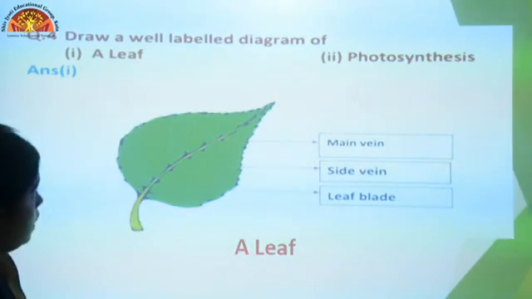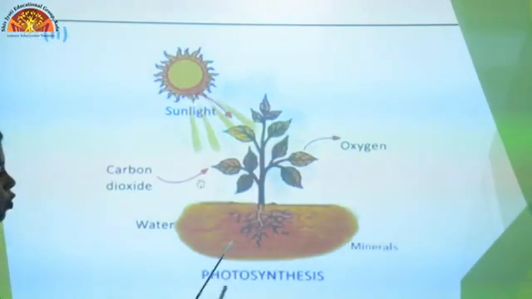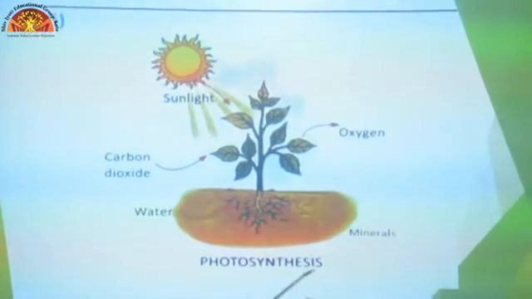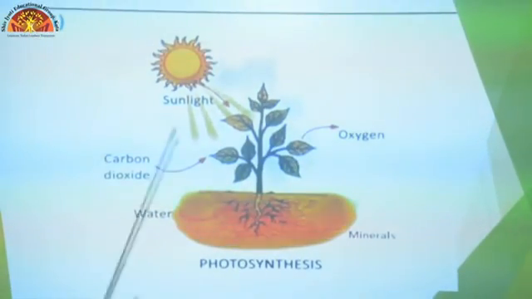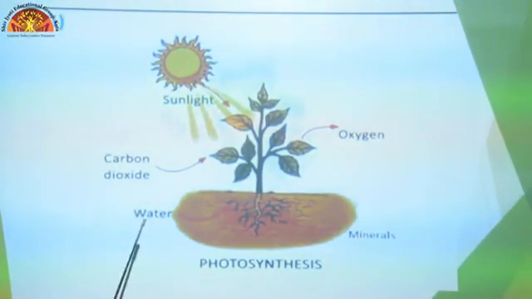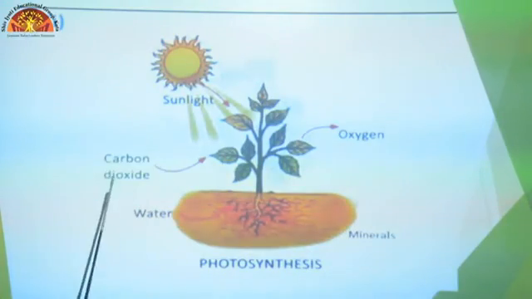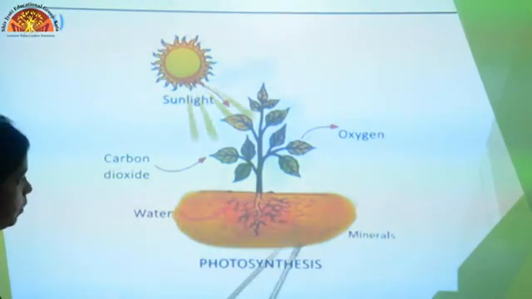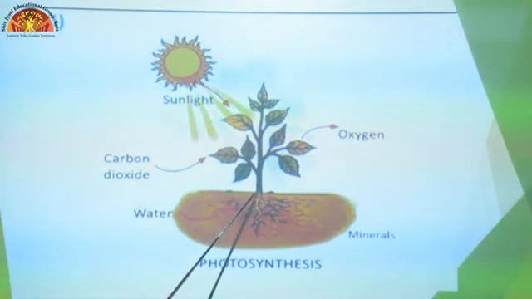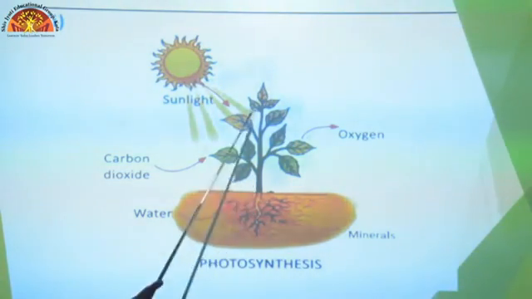Now we come to the next diagram, that is photosynthesis. Now you can see here, this is the diagram which is showing the process of photosynthesis. You can see three raw materials. These are water and minerals, second is carbon dioxide, and third is sunlight. So plants are taking water and minerals from the soil through their roots. Now this is transported through the stem to the leaves.